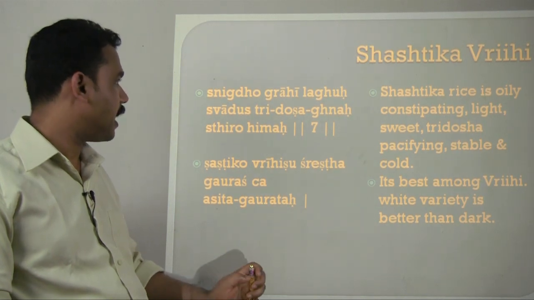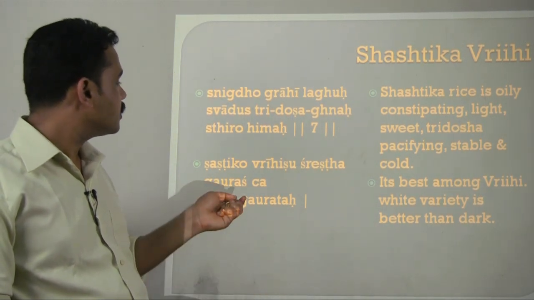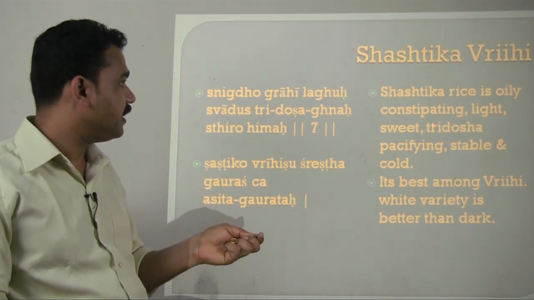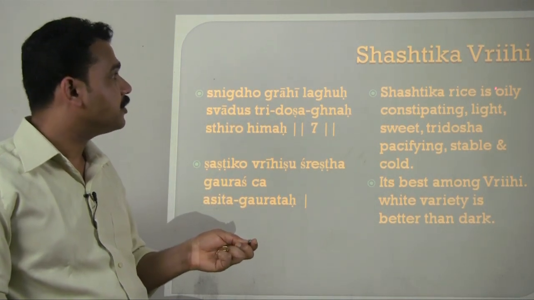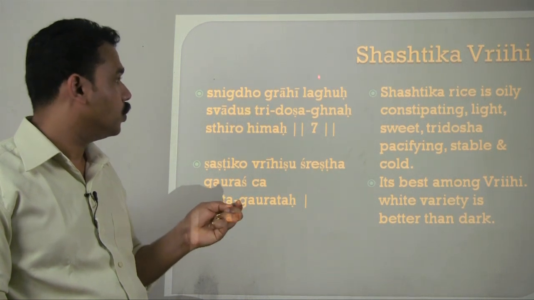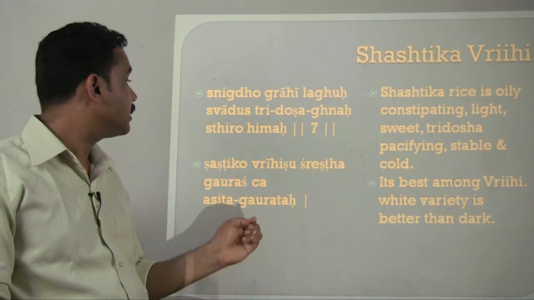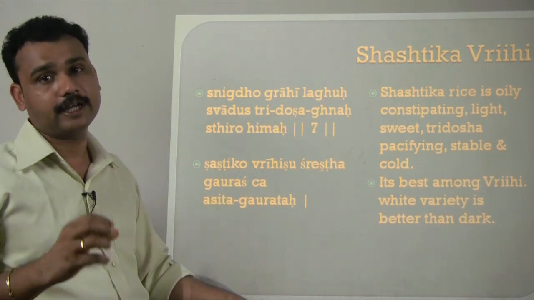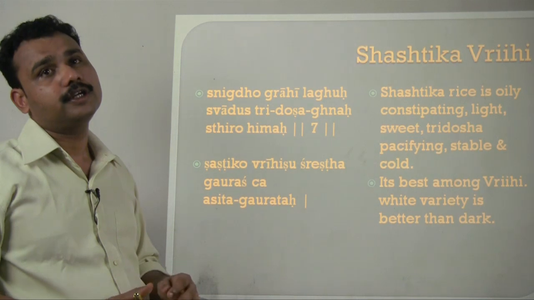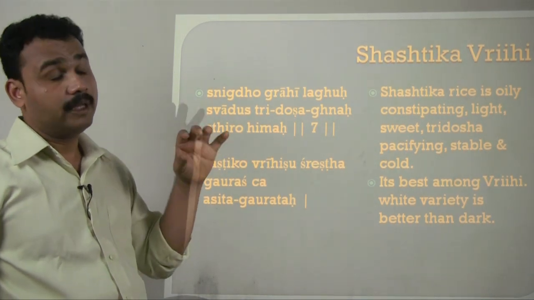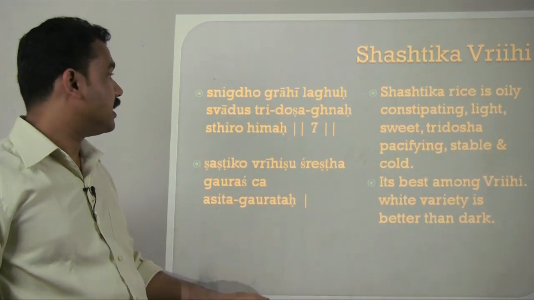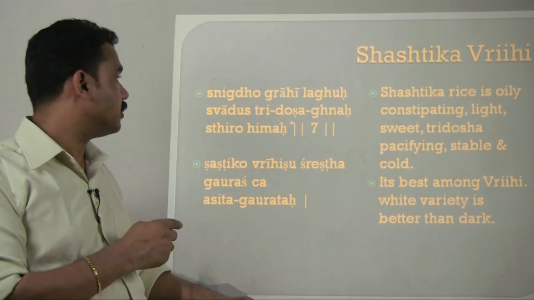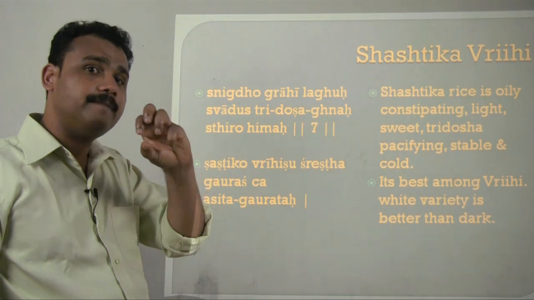That's how it becomes grahi. So these are the properties: tridosha specifying, grahi, and also laghu, light. Sthira is definitely another very important property of Shashtika rice. Being laghu, it is easy to digest and easy to absorb, it subsides three doshas, and it is specifically grahi.